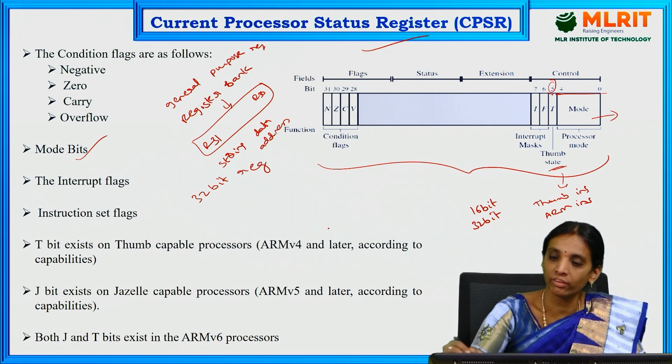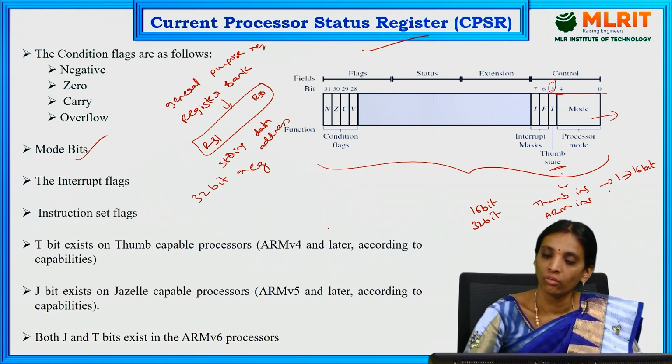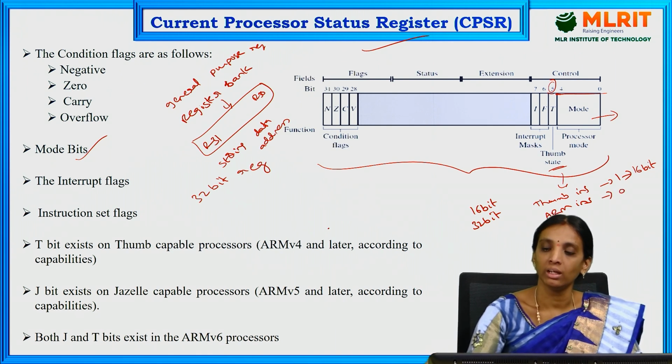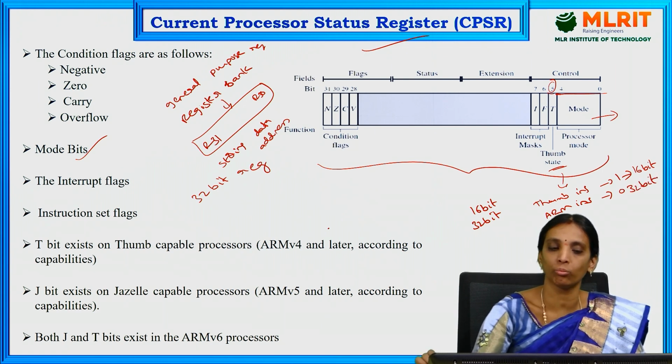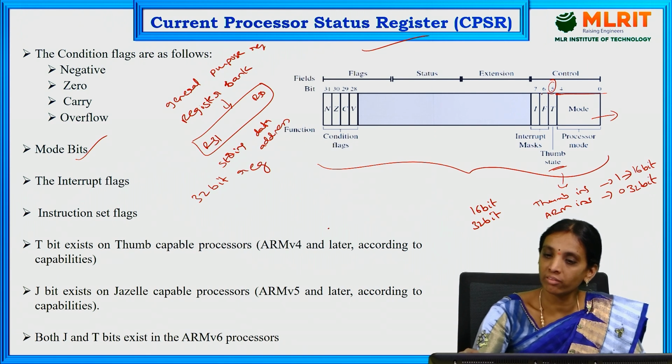If the T bit in the CPSR is 1, it indicates that we are executing thumb instructions, that is, instructions on 16-bit data. When it is 0, it indicates we are executing ARM instructions, which means the data is 32-bit.